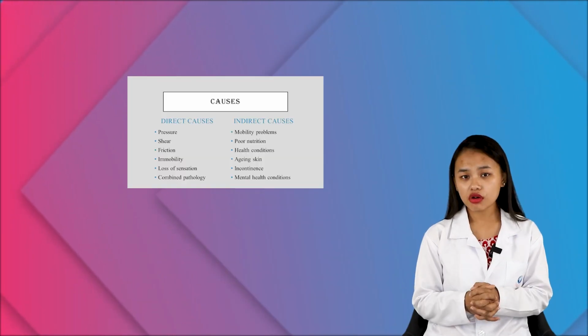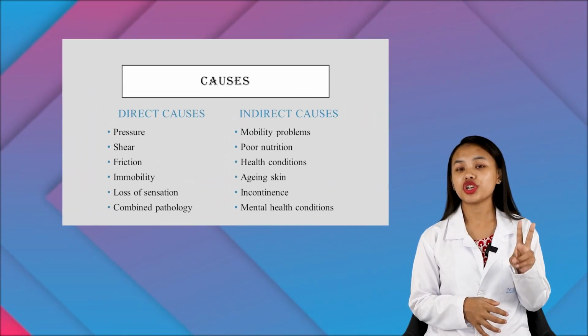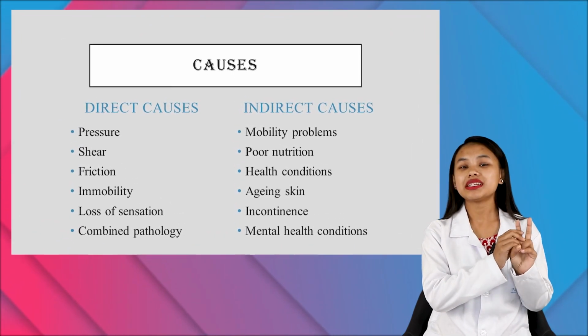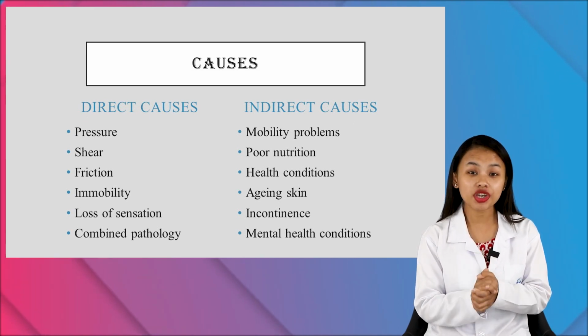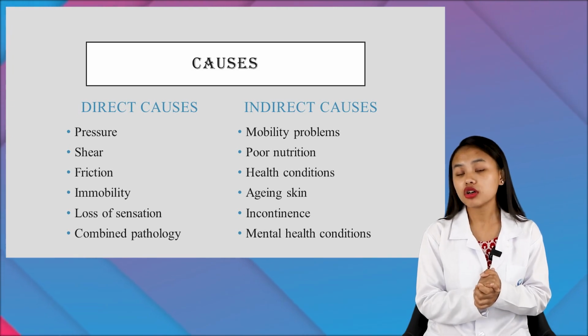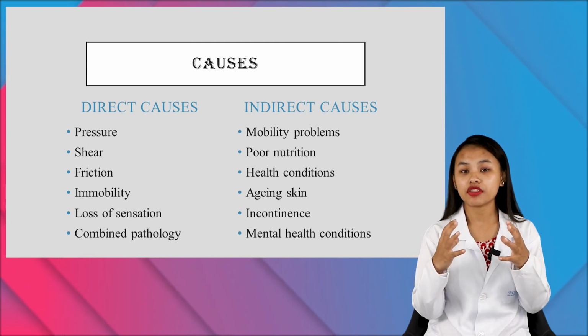So what are the causes? Here, there are two causes, which are the direct cause and the indirect cause. The direct cause consists of the pressure, the shear, the friction, immobility, loss of sensation, as well as the combined pathology.